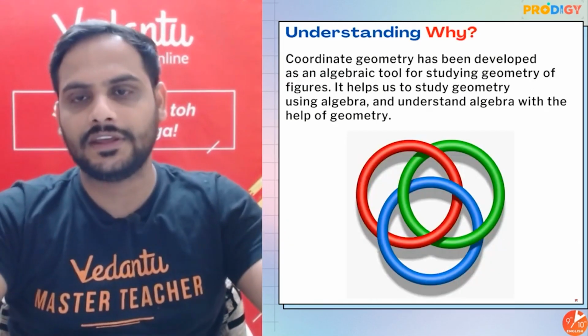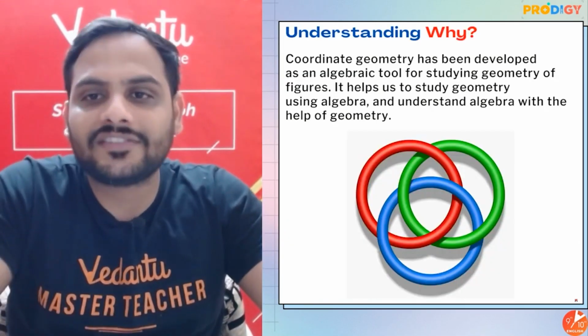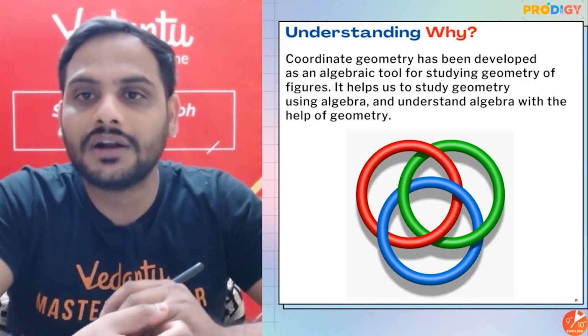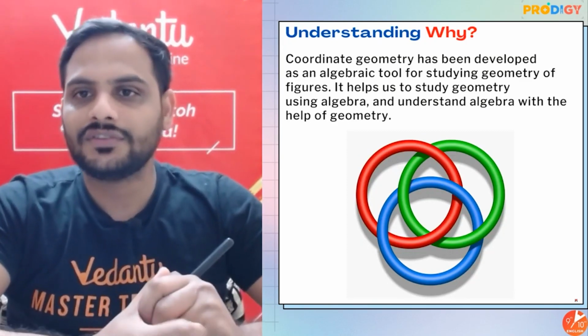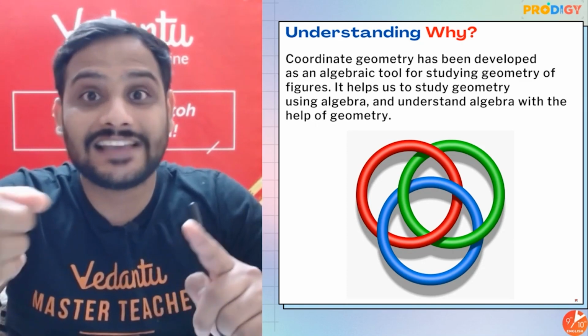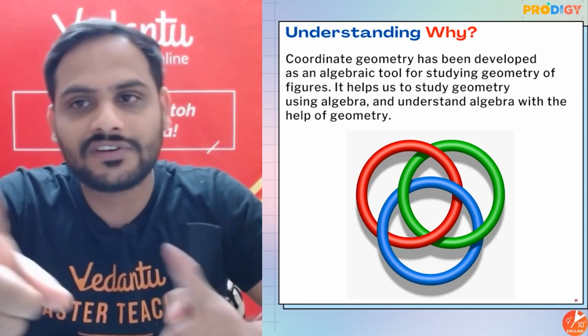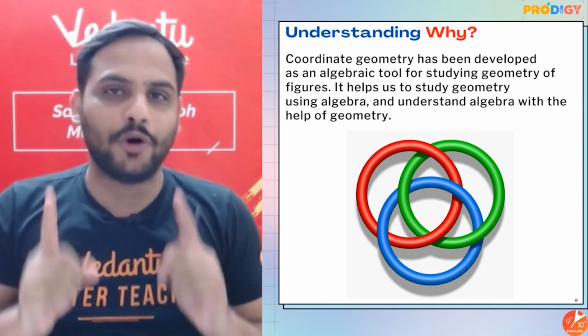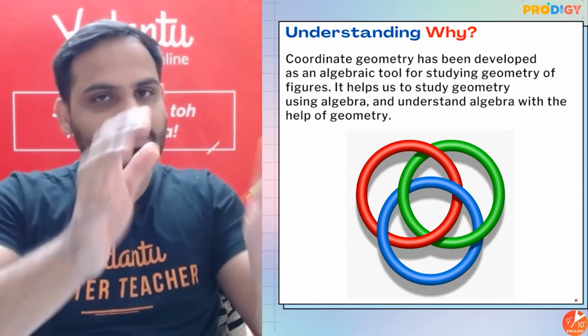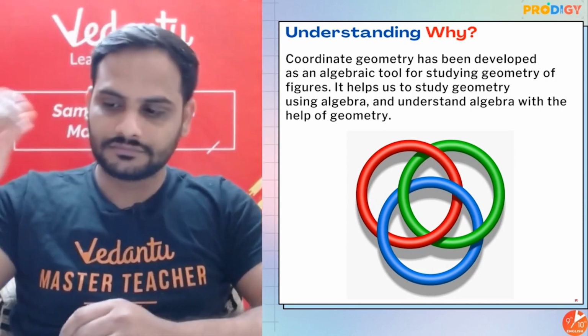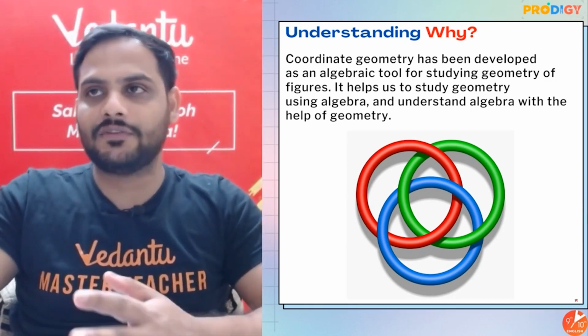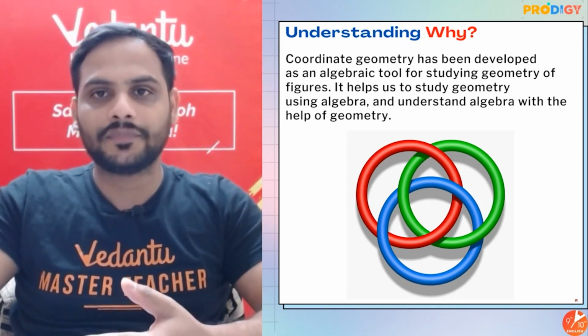Now, why do we learn coordinate geometry? It has been developed as an algebraic tool for studying the geometry of figures. See how important it is, because we need to study shapes. We want to study triangles and circles.